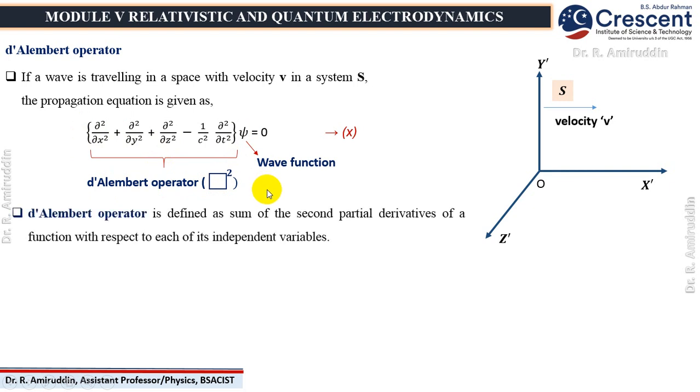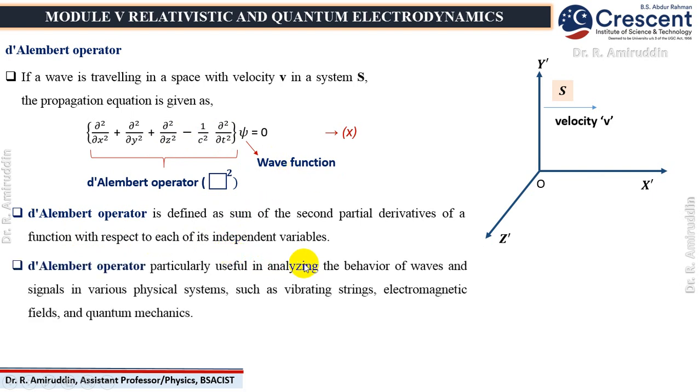The d'Alembert operator is defined as the sum of the second partial derivatives of a function with respect to each of its independent variables. This d'Alembert operator is particularly useful in analyzing the behavior of waves and signals in various physical systems such as vibrating strings, electromagnetic fields, and of course in quantum mechanics.